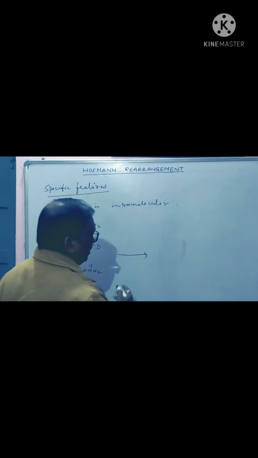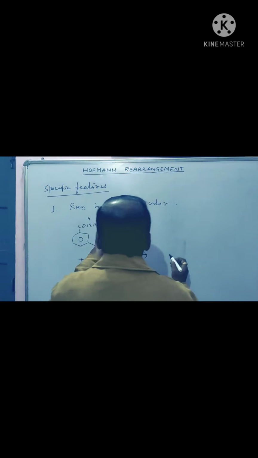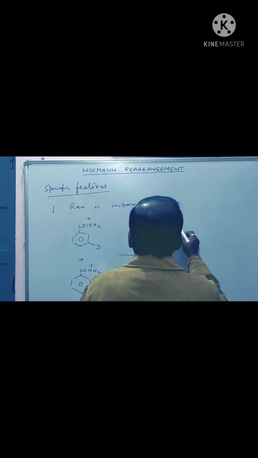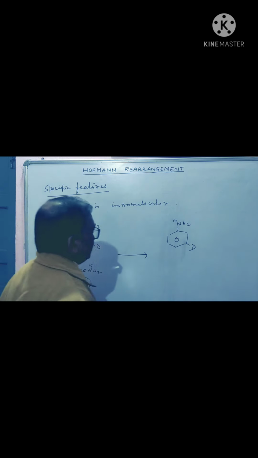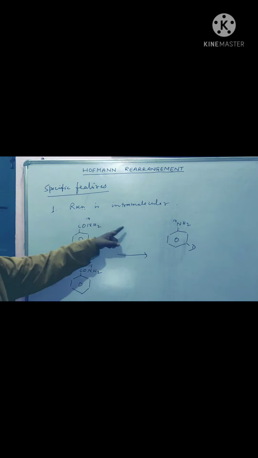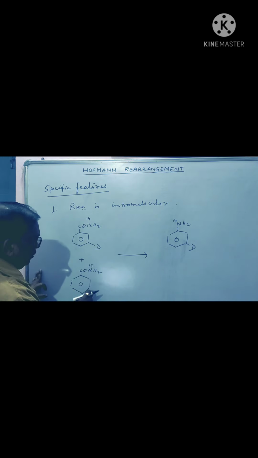When this mixture is subjected to Hofmann's rearrangement, means when this mixture is heated with bromine and caustic potash, you will get this mixture: NH2, this nitrogen is N14, it is meta-deuteroaniline. Friends, nitrogen is here N14, deuterium is here.